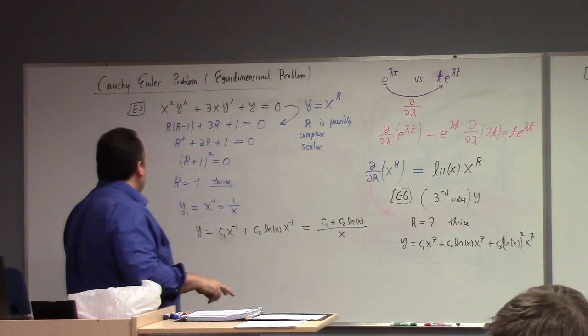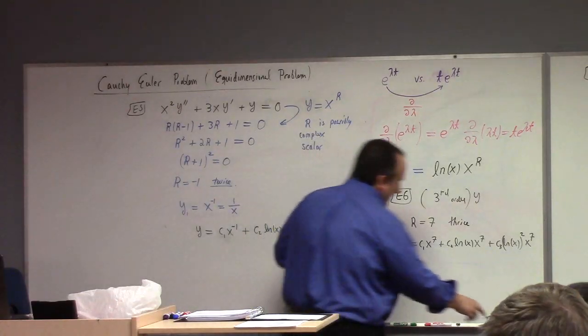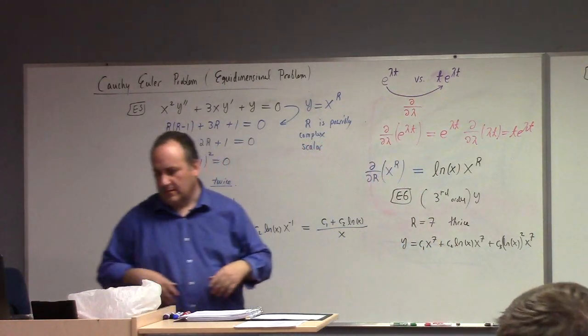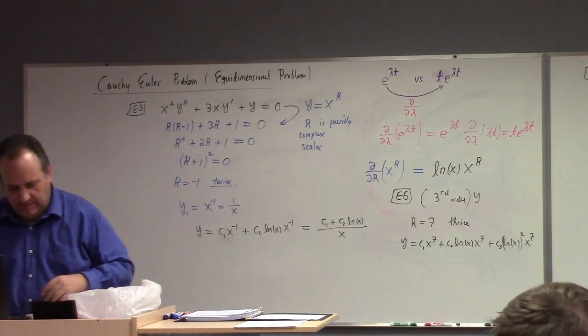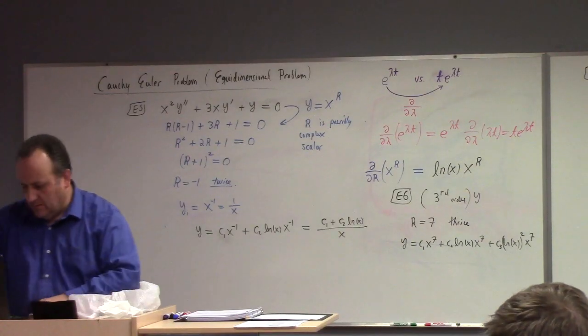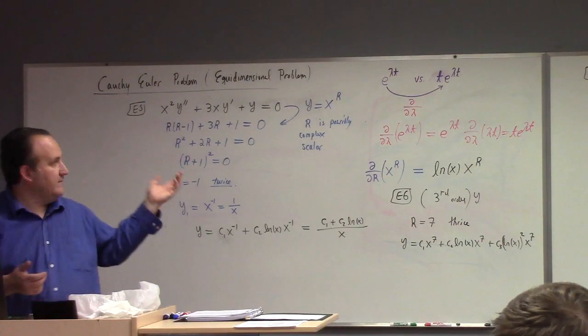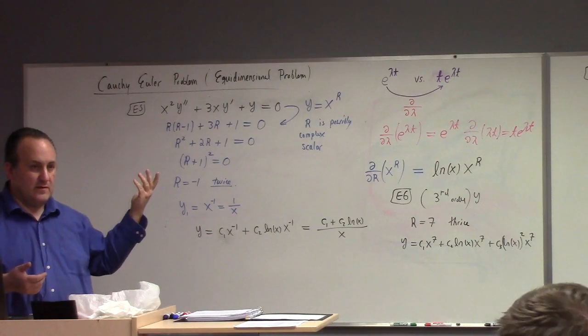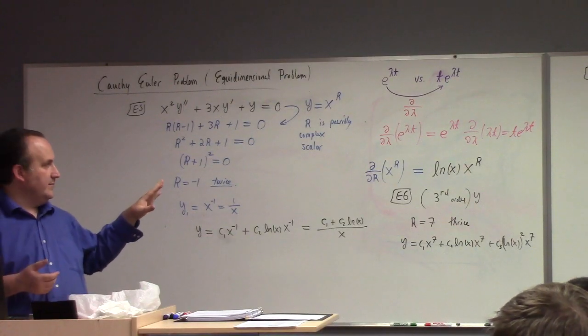You see, well, let me get my projector out here. I have things to show you, I suppose. That's pretty much it for how to solve Cauchy Euler problems. So you can tack on this.